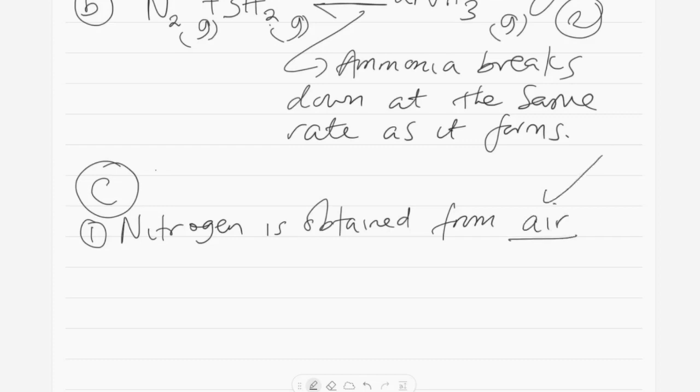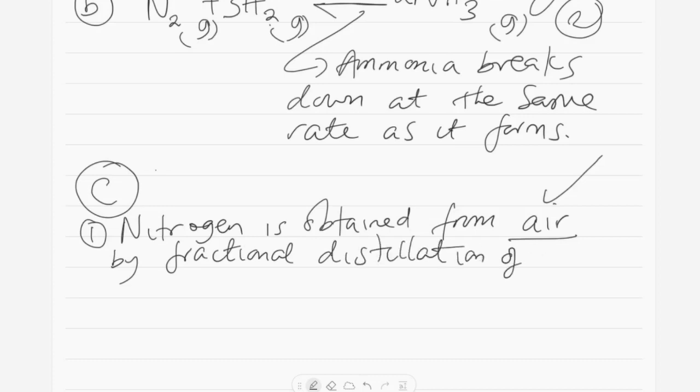This nitrogen is obtained from air by fractional distillation of liquid air. Remember the question was just saying to tell us the source. So the source for nitrogen is air.